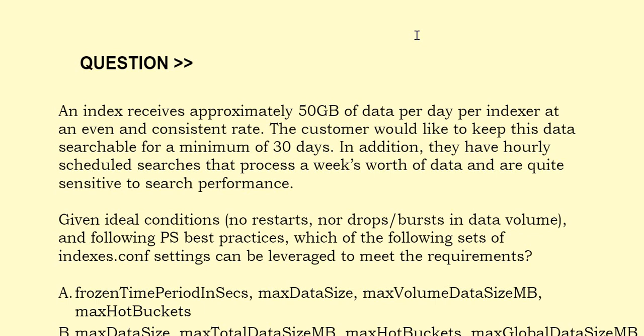In addition, they have hourly scheduled searches that process a week worth of data and are quite sensitive to search performance. Given ideal conditions, no restarts nor drops, bursts in data volume, and the following PS best practices, which of the following sets of indexes.conf settings can be leveraged to meet the requirements?